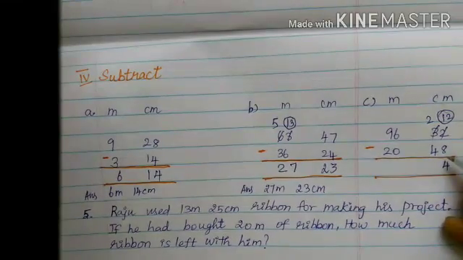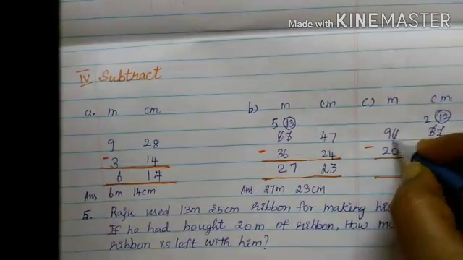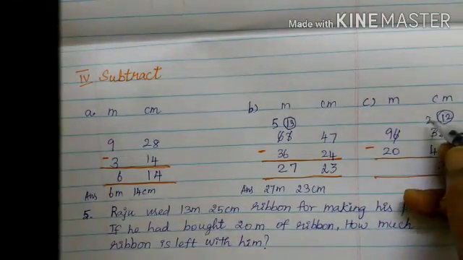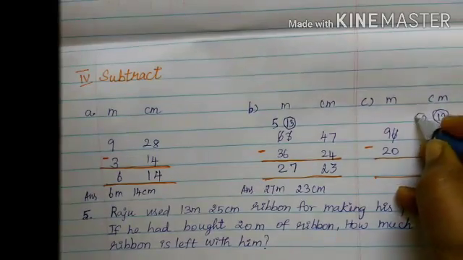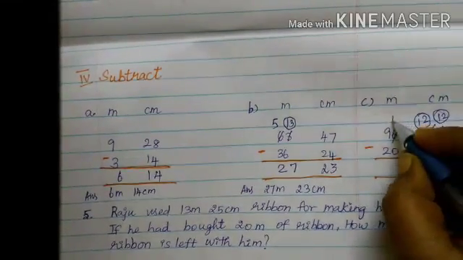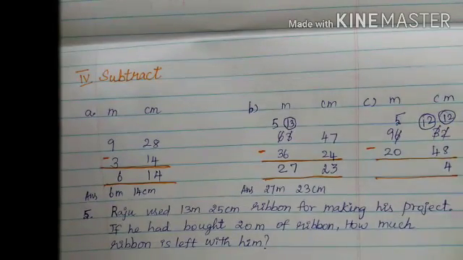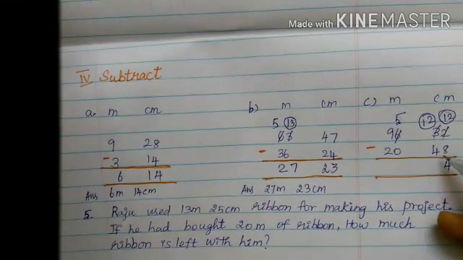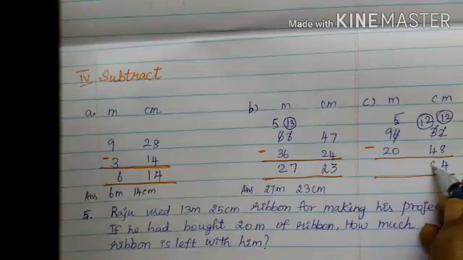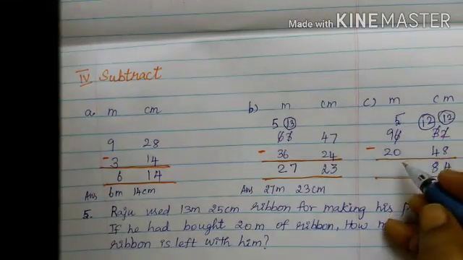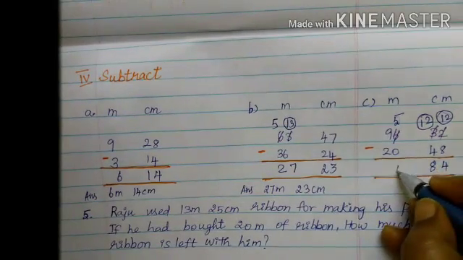Then 2 subtract 4 is not possible. So here, 2 meter is converted to centimeter. Now 12 centimeter. Now 5. 6 is changed to 5. Now 12 subtract 4 is 8. Then 5 subtract 0 is 5.